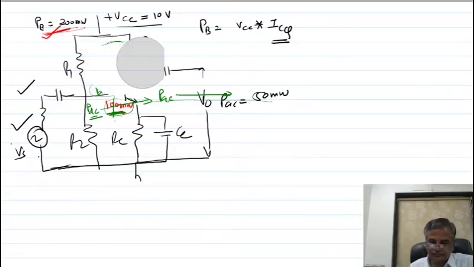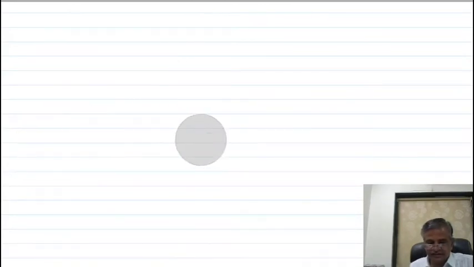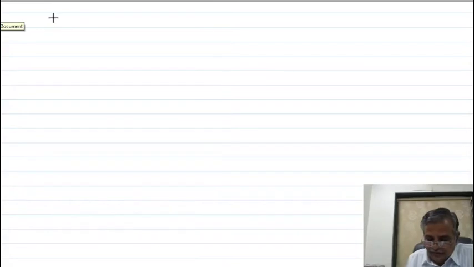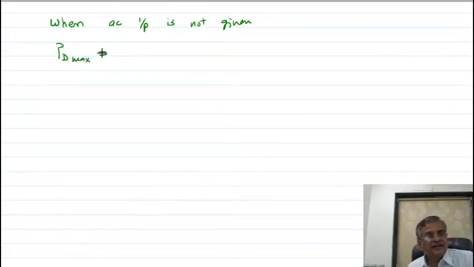Now, let us see some important equations. When the AC input signal is not given, the maximum power dissipation in a transistor in a quiescent condition, PD max, is nothing but VCC into ICQ.